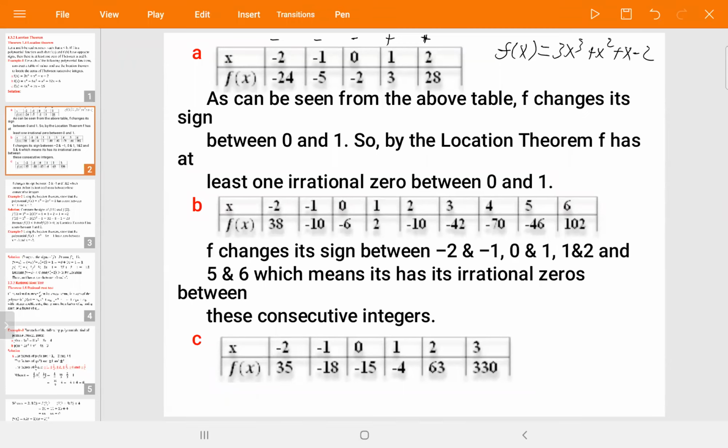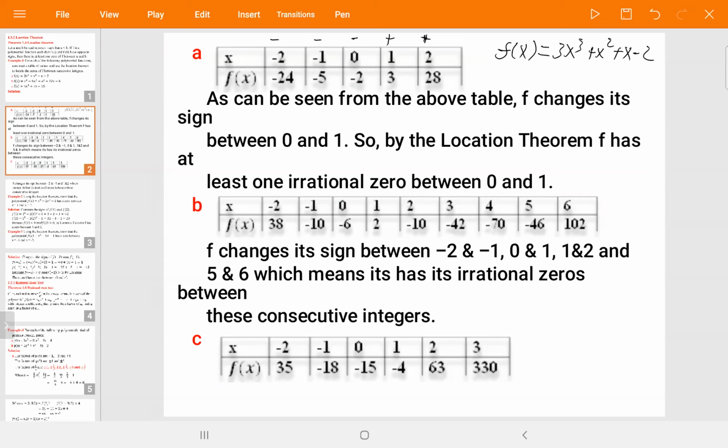And as you can see from this table, it is between 0 and 1. F of x changes its sign from negative to positive as the value of x increases from 0 to 1. So by the location theorem, at least one irrational zero of the polynomial is obtained between these two consecutive integers 0 and 1.